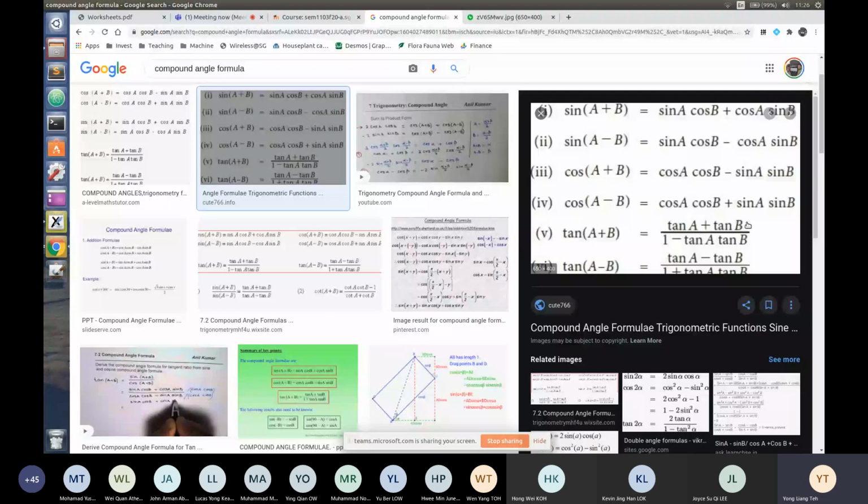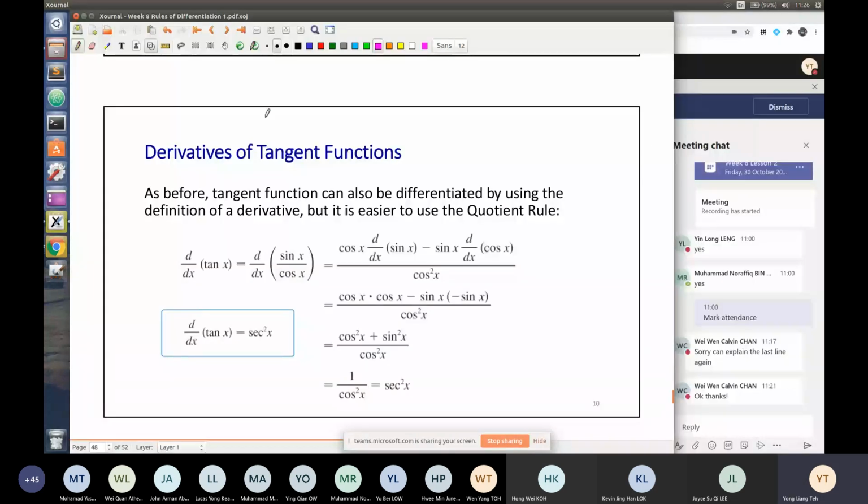Okay, but nevertheless, it is easier if you use the quotient rule, because after differentiating sine and cosine, we already know that differentiation of sine is cosine, differentiation of cosine is minus sine. So therefore, why not use the quotient rule in the differentiation of tangent? Okay, because we know that tangent x is just defined as sine over cosine. So hence, using the quotient rule, hold the denominator first.